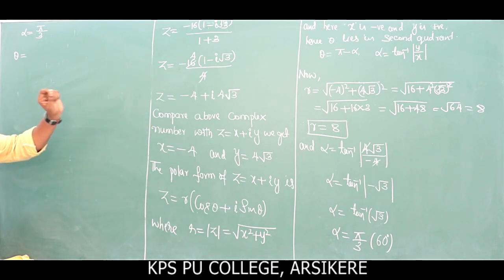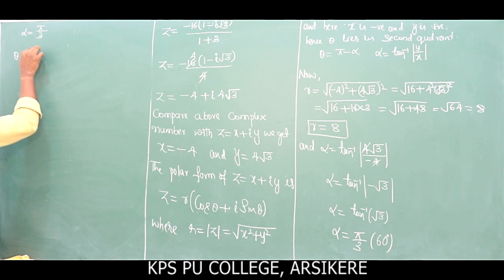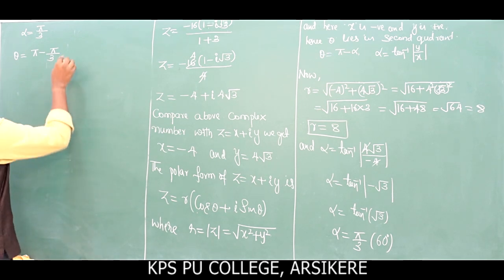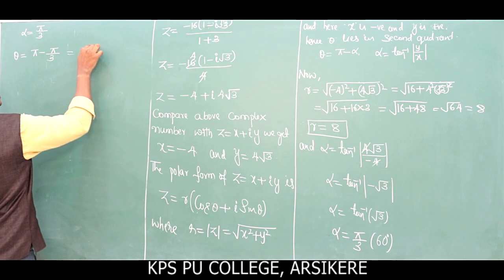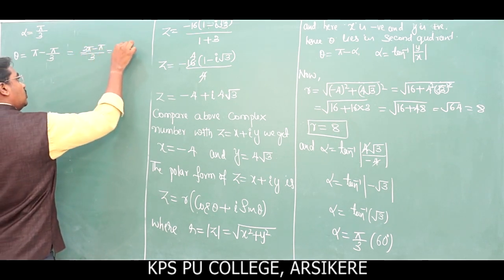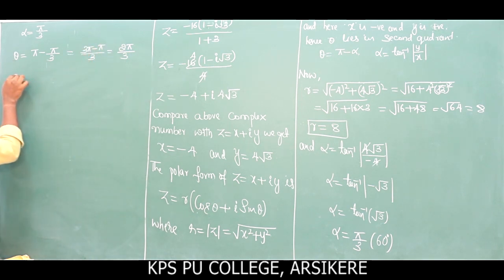So pi minus pi divided by 3, that is, alpha is pi divided by 3. Next, simplification: if you take 3 as LCM, 3 pi minus pi whole divided by 3, this is nothing but 2 pi divided by 3, that is theta is equal to 2 pi divided by 3.